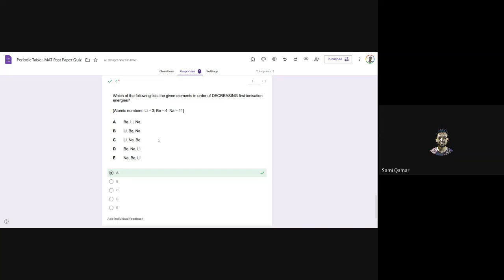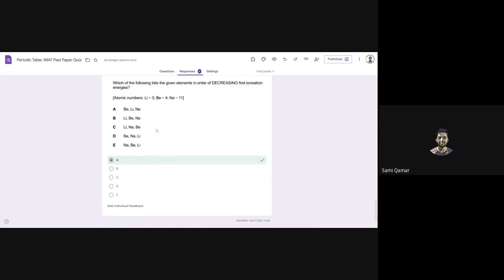If you know the periodic table the way I explained it to you, you can easily solve all these questions. I hope you got it. The questions are way easier, nothing crucial or confusing, but it can be confusing when you do not have a proper understanding of the periodic table. So try to understand it.